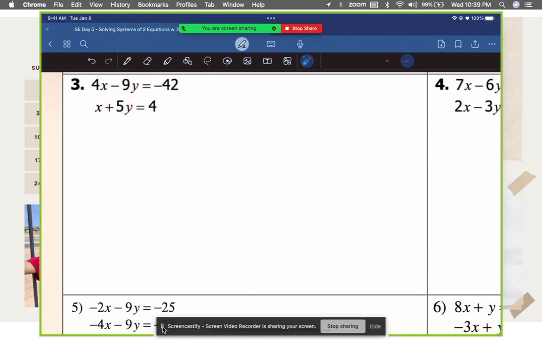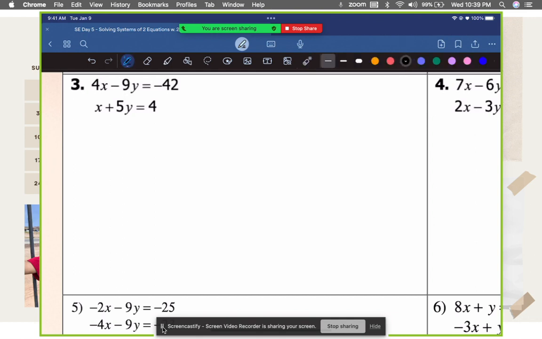Now, when you're looking at it in a big picture, you're going to want to go with the simplest option. If I have to change both equations, that is not a good option. Okay, whereas if I just have to change this equation, right, because all I need this number to have is negative 4, then I need to go with that simpler option. So that's what I'm going to do.